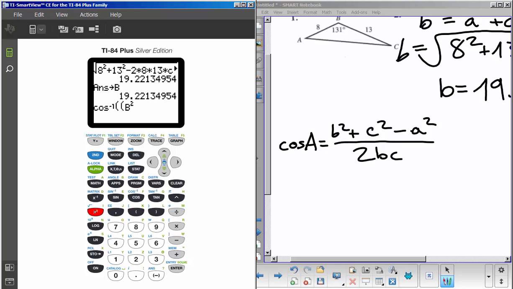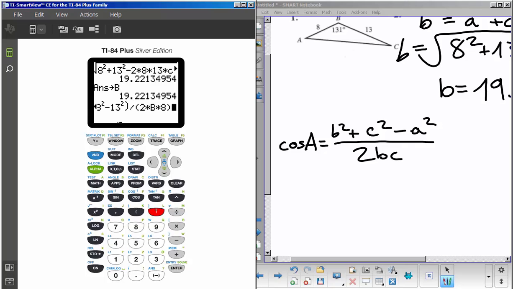Okay, alright. So now b squared plus c squared, and c is equal to 8, so we've got 8 squared minus 13 squared, close the parentheses, divided by, open the parentheses, 2 times alpha b times 8.